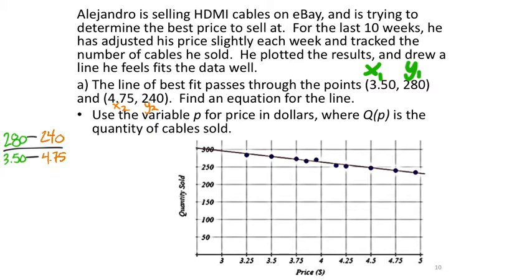Now you're welcome to calculate this on your own, but I am just going to put this into my calculator. Let's see what we get. So the n over d button, 280 minus 240, all over 3.5 minus 4.75. Enter, and I get negative 32. This right here is my slope. Okay, so there's my slope using the slope formula.